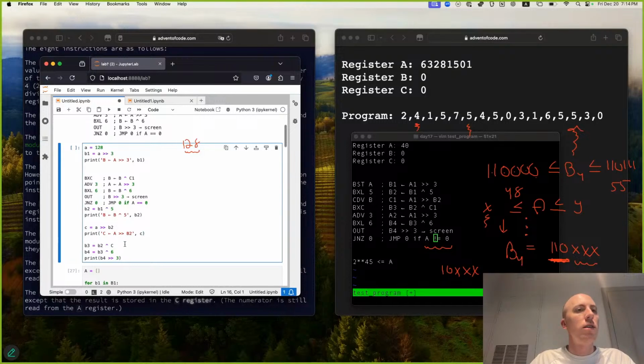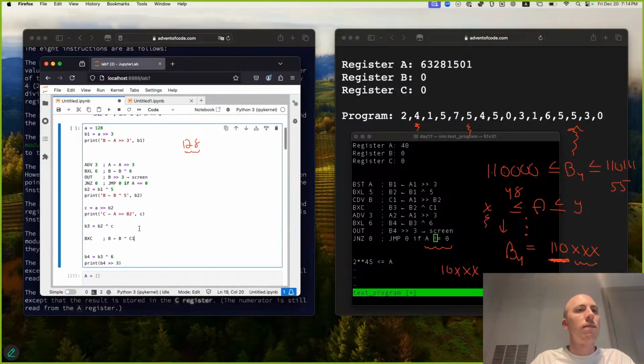Value of C, say B3 is equal to this. So say that B4.